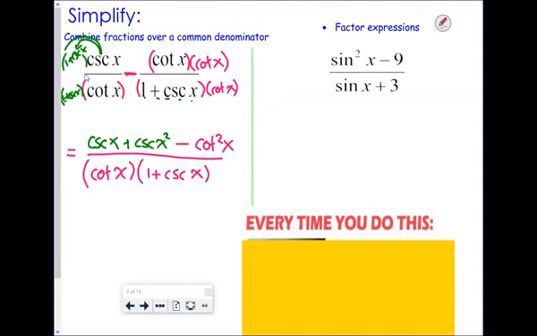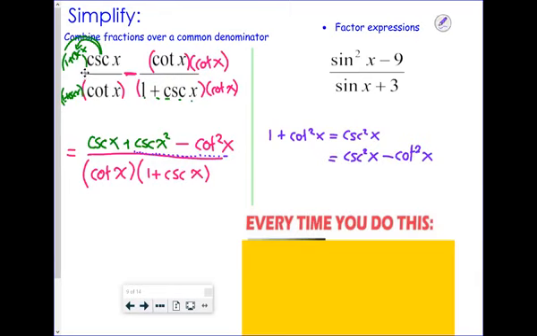Really helps if you have memorized things. Can you see what this is? That's coming from the Pythagorean identity, the one I call I cut cheesecake. You know that 1 plus cotangent squared x equals cosecant squared x. You've got to memorize that. But what we've actually got in our equation is cosecant squared of x minus cotangent squared of x.